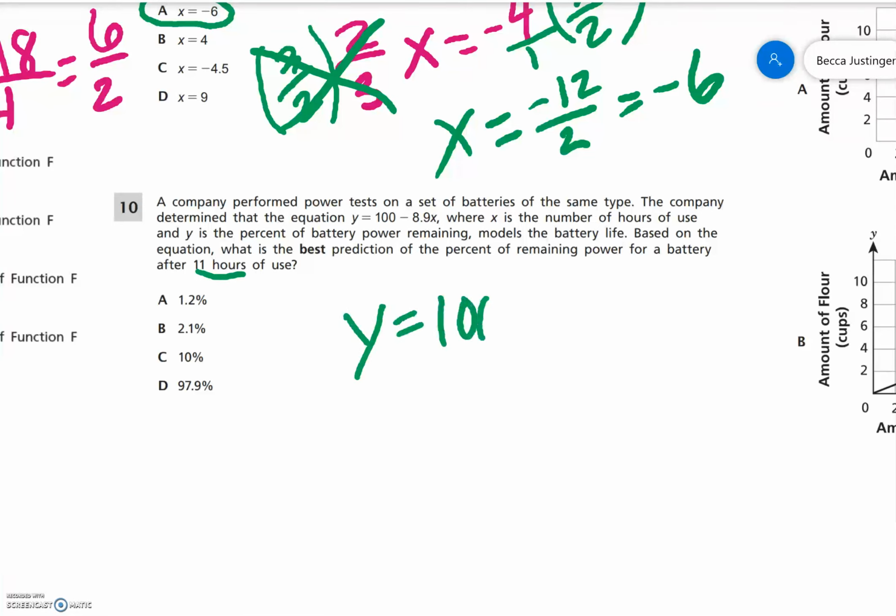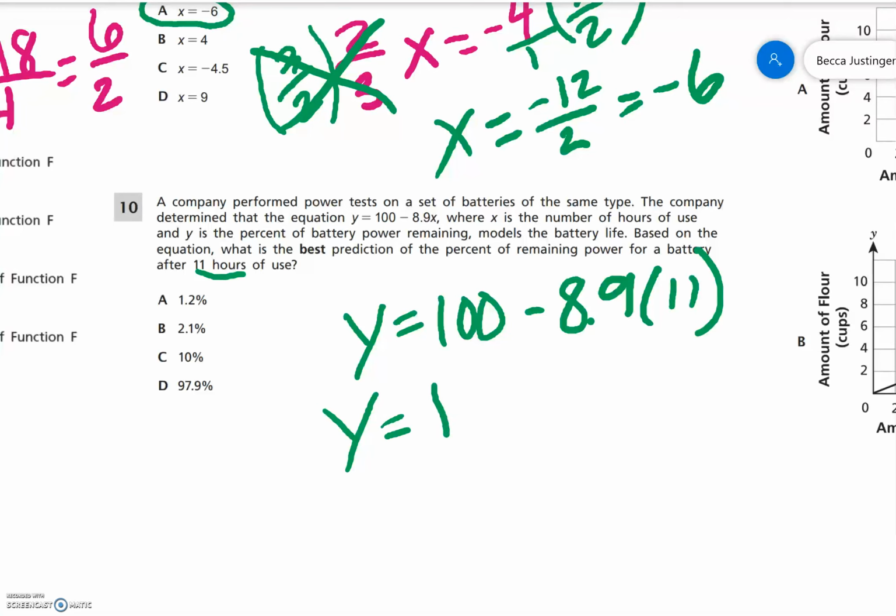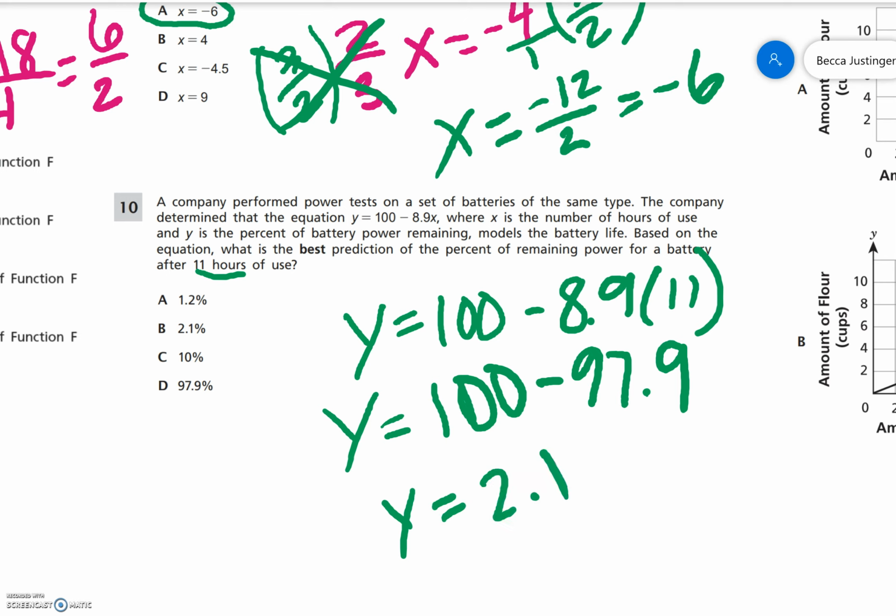Y equals 100 minus 8.9 times 11, and solve. First, we have to do our multiplication. 8.9 times 11 is equal to 97.9. Subtract, and it's 2.1.